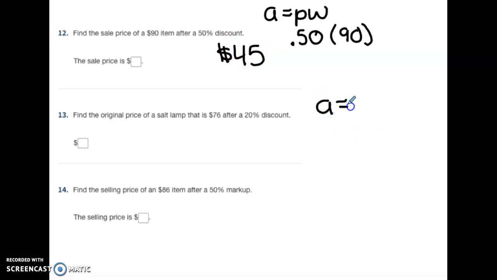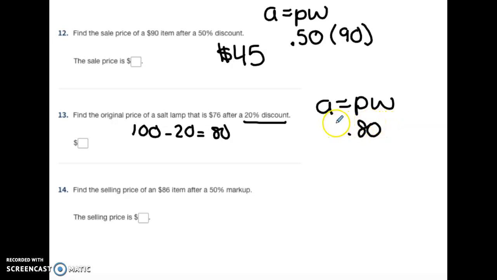All right, sticking with our A equals P times W. Find the original price of a salt lamp that is $76 after a 20% discount. If it's discounted for 20%, that means we're paying 80%. Remember, 100% minus 20% is 80%. That's where I get the 0.80 from.